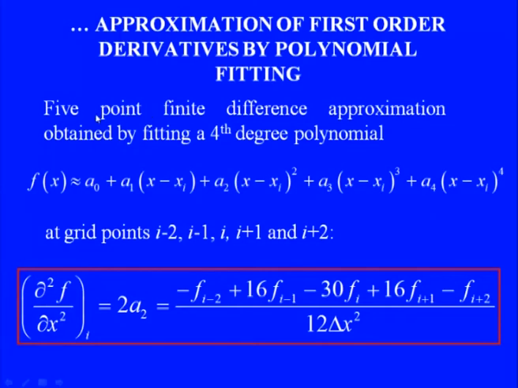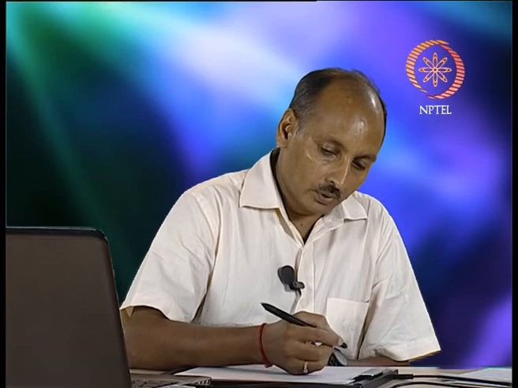That is why we need to equate this polynomial at 5 grid points to determine the values of a0, a1, a2 and so on. For a central difference formula, let us take the grid points as i-2, i-1, i, i+1 and i+2. Now let us get back to the board and derive our approximation based on the 4th order polynomial fit.